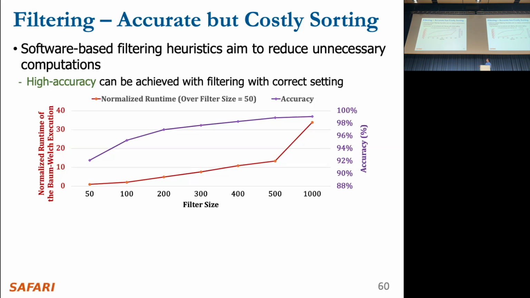Here we show the effect of n in terms of both speed up and accuracy. What we see is that in order to achieve high accuracy, we need n somewhere around here. But there is also a significant drop in the time requirement as n increases. So there is a sweet spot over here.